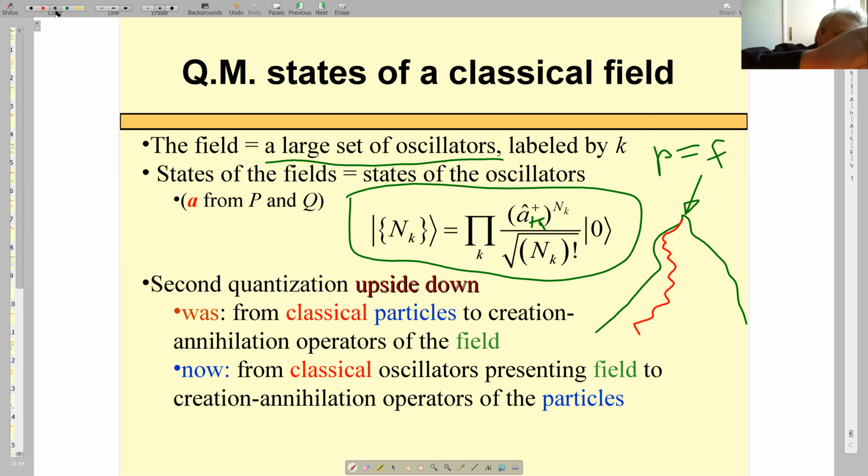What we just did, we started with a classical field, classical oscillators, which is a field, and we performed the quantization procedure. We understand that the fields are particles, so here we are on the top.